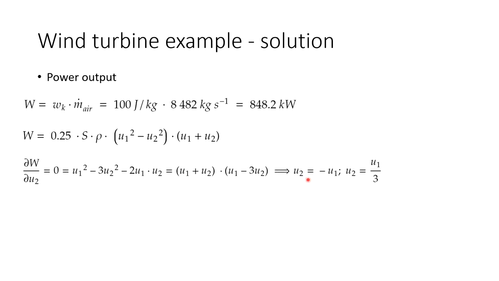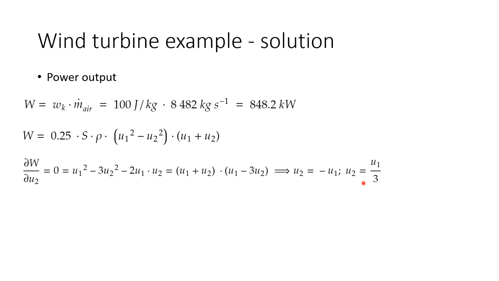One is that the velocity u2 would be minus velocity u1, which is physically not possible, it doesn't make any sense. And the other one is that the velocity u2 would be 1/3 of the wind speed before the wind turbine.